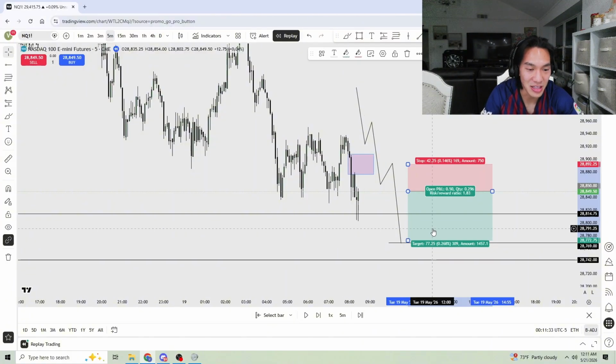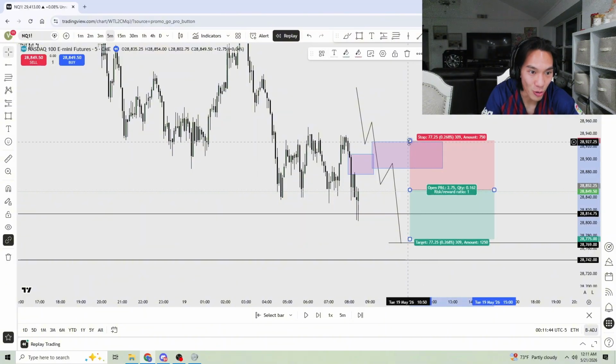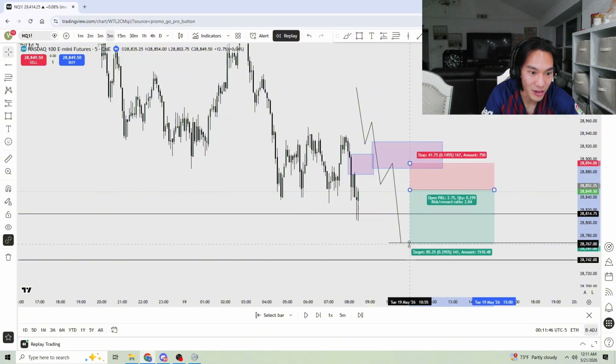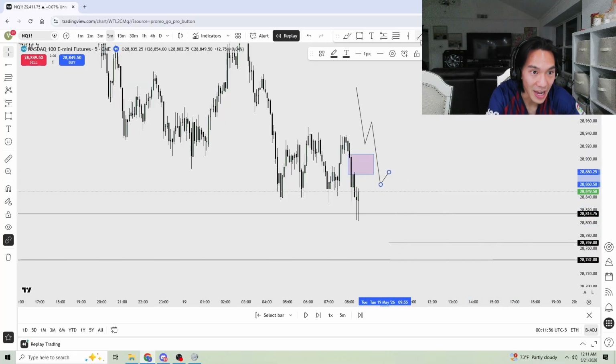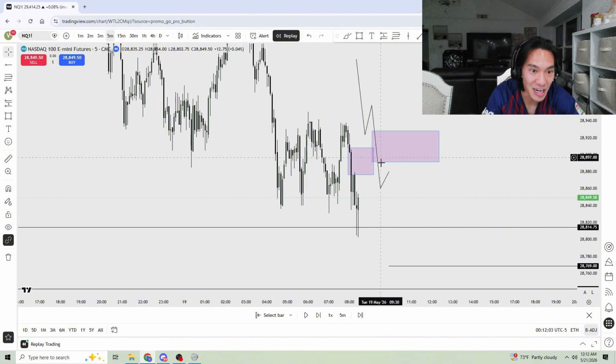So the thing about this trade that I took though was that I took it on the pullback to the fair value gap. Usually you would enter right here, short right here to target this down here. I went long because we had a fair value gap right here. We're on a downtrend, and I know that it's gonna pull back up to this fair value gap before it continues down.